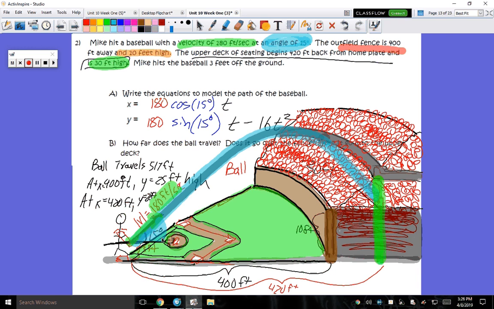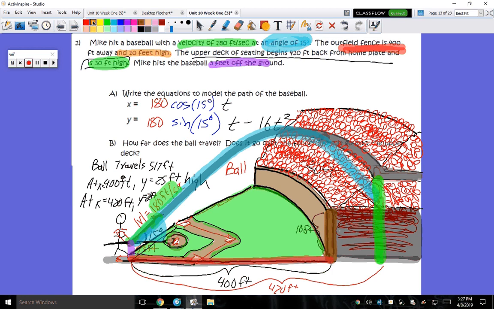It started off 3 feet above the ground, which is right here. You see that it's 3 feet above the ground. And now what I want to do is I want to see all the way to the outfield is 400 feet. That's this line right here. Okay? And it's 10 feet high.